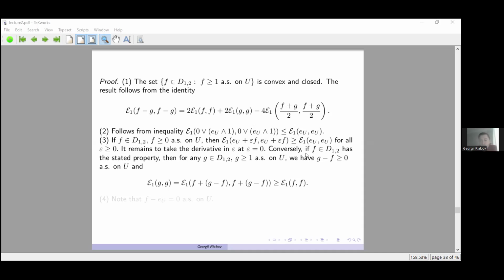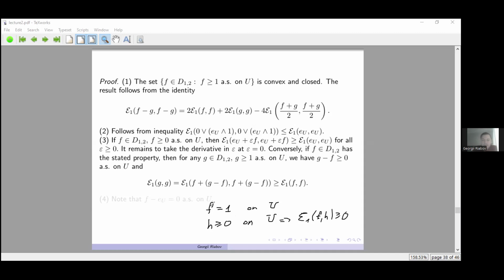Now assume that the function f is such that f is equal to 1 on U, and if h is non-negative on U, then the product of f and h is non-negative.